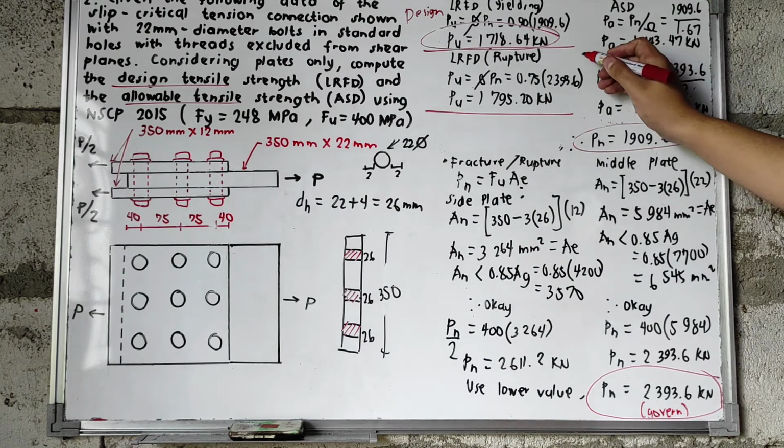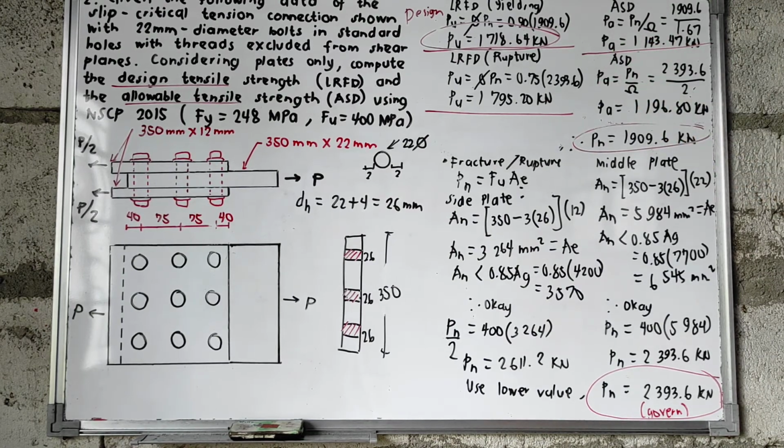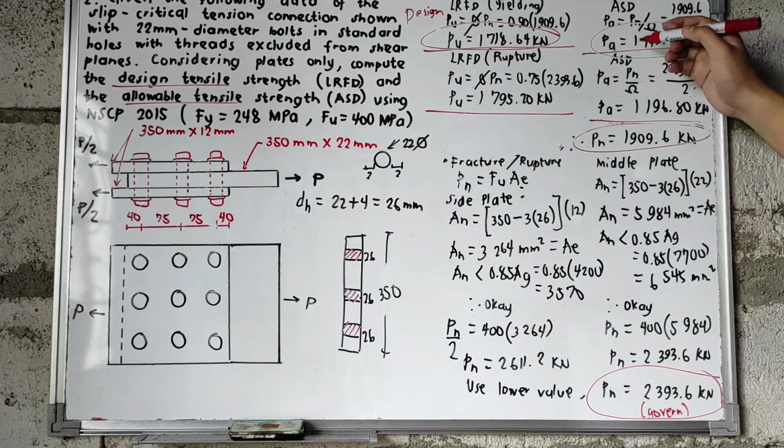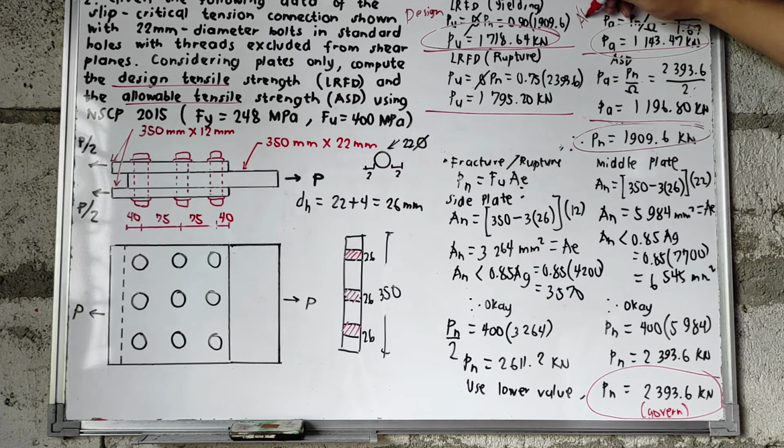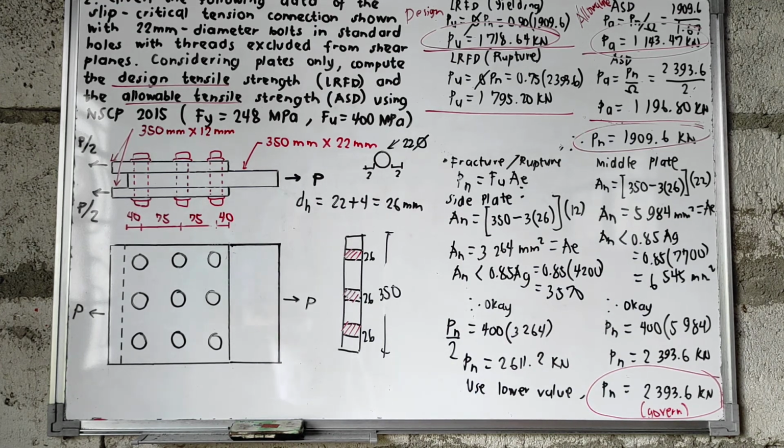So we have, etong 1,143 at saka 1,196. Siyempre, kukunin natin dito na value is yung least value. So this will now become your allowable design strength. Okay? So ganun lang yung pagkukonsider natin sa mga tensile strength natin using LRFD and using ASD.